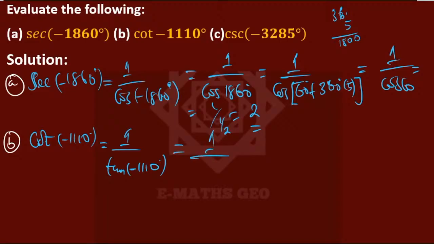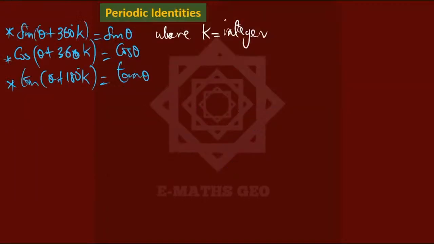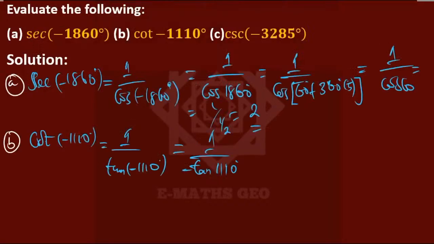We need to bring out the negative sign. So now I have 1110. How many 180 are here, from what we've done? We're using the periodic identity now. So let's guess. If I multiply by 10, it will be 1800.